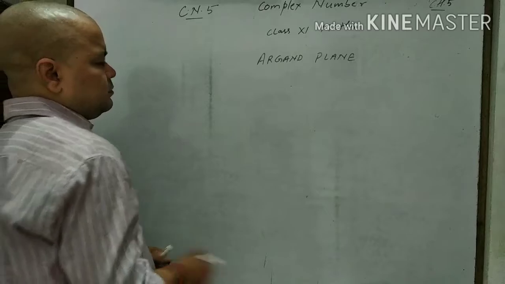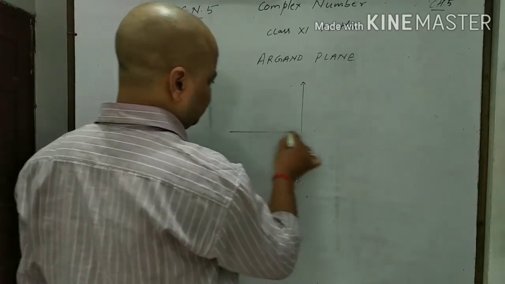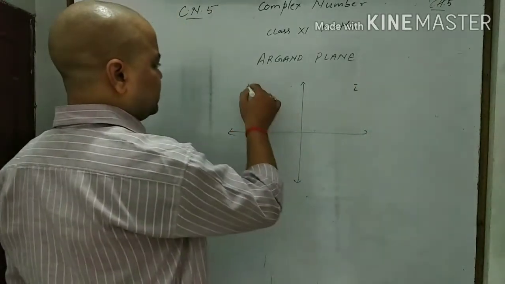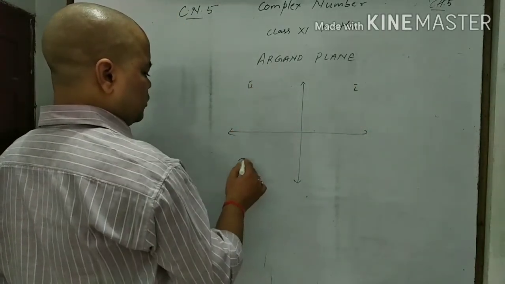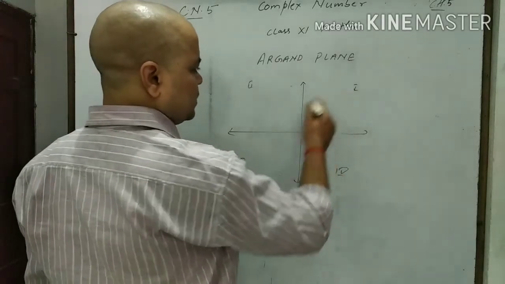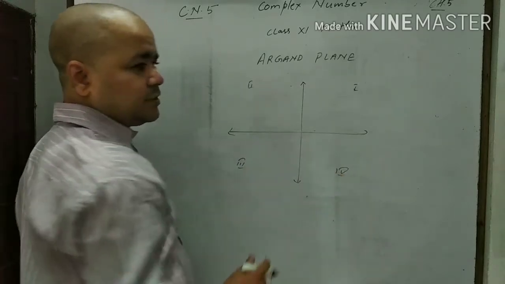We know simply the first quadrant, second quadrant, third quadrant, fourth quadrant: here plus plus, minus plus, minus minus, plus minus.